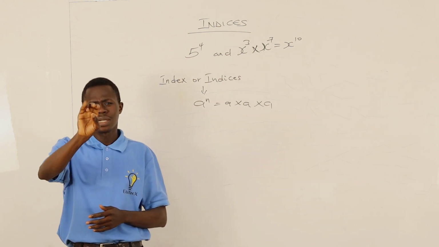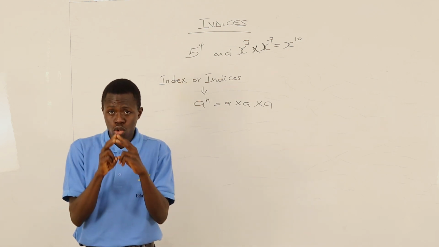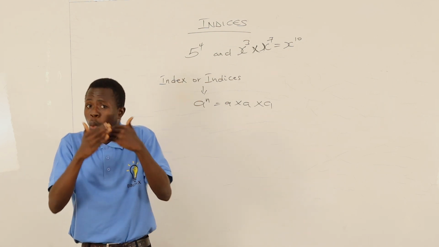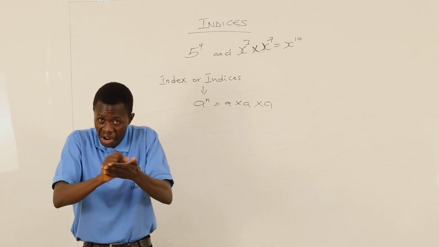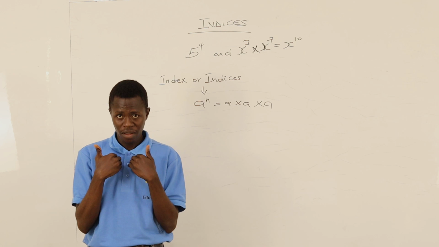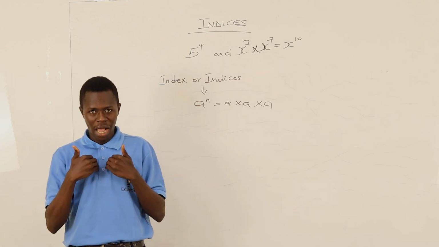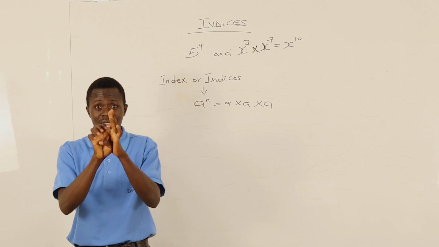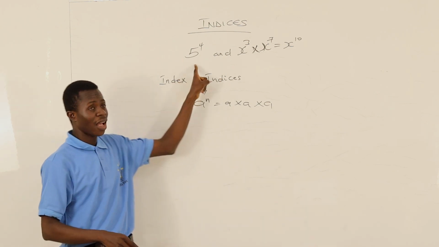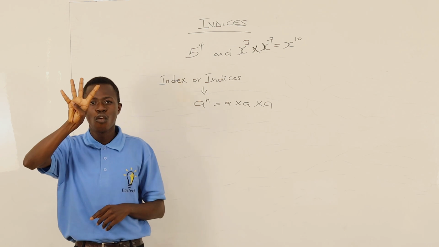What name is given to that expression? Yes, it is an index, or in plural form, indices. So whenever we write a number with a base, say a, and the power or index, say 2, then we call it an index or indices.